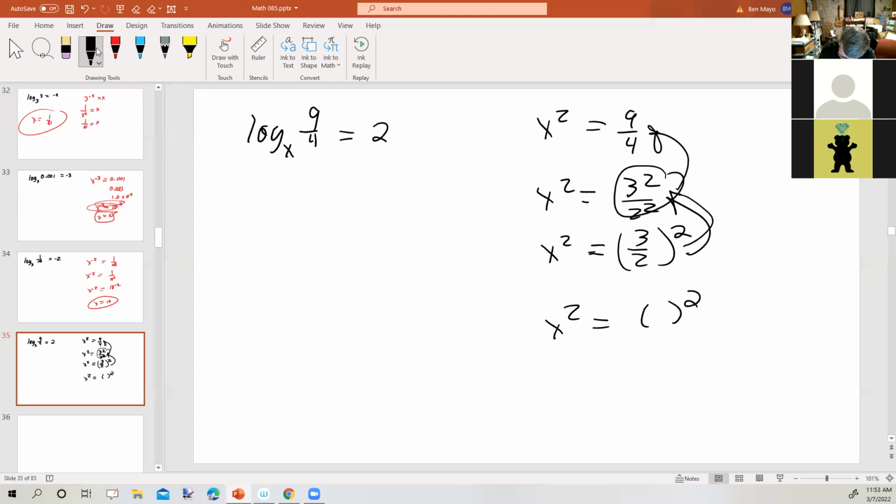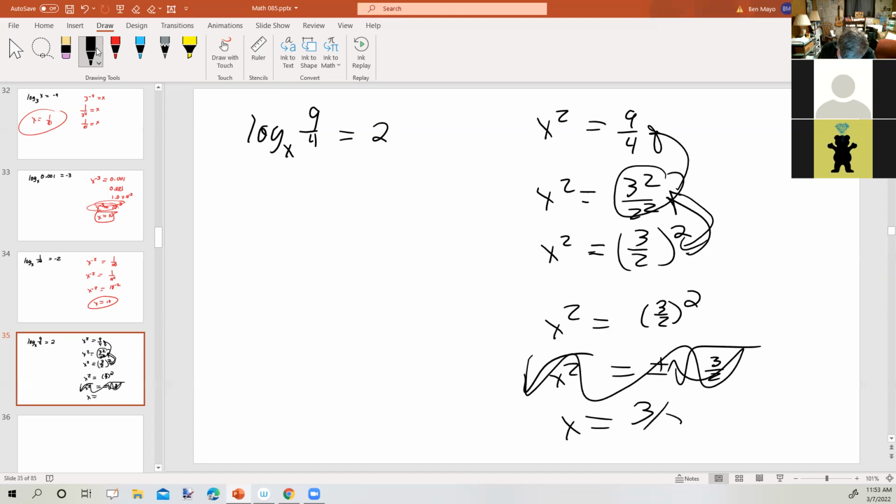So I can take that and go into that form. So now take the square root of both sides. Well, I don't even need to do that. I've got the same exponent, so x is 3/2. I could get there ultimately, and we'd throw out the negative because remember, again, the base can't be negative, as well as some other restrictions.